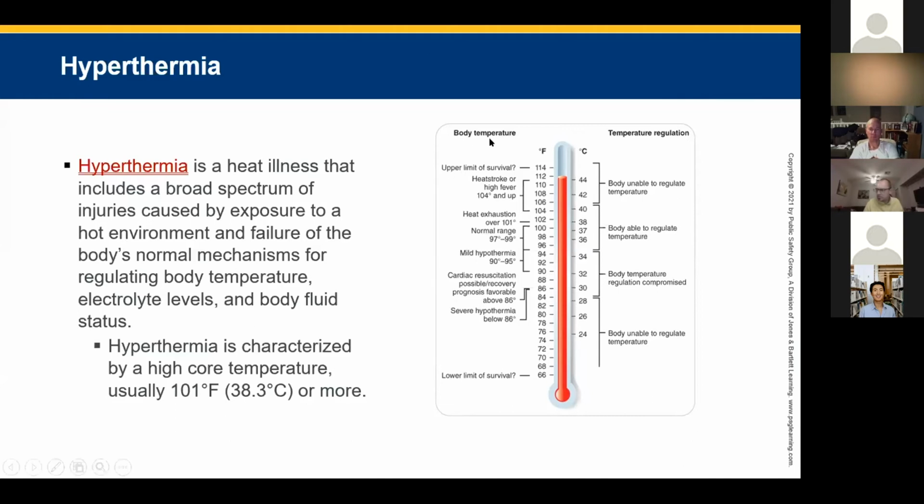You see where it says body temperature, upper limit of survival, heat stroke, a fever of 104 and up, that's heat stroke. Heat exhaustion. Has anyone ever experienced heat stroke? Not fun. No one? No, just heat exhaustion. I have. So when you experienced heat exhaustion, what was it like?